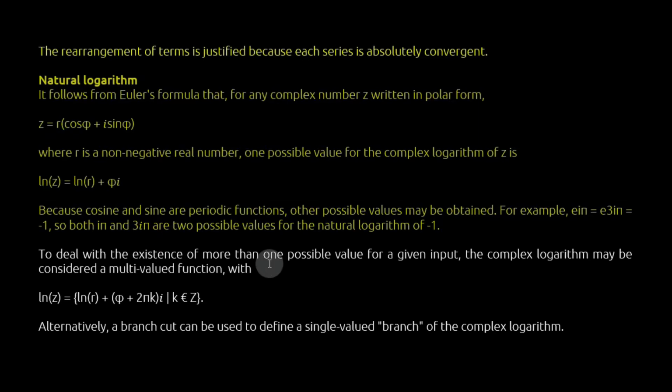To deal with the existence of more than one possible value for a given input, the complex logarithm may be considered a multivalued function. So if you've got more than one input, then having them represented as k, you can have a number of outcomes.